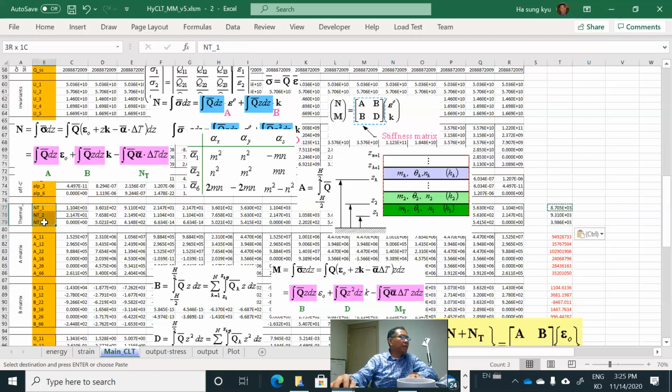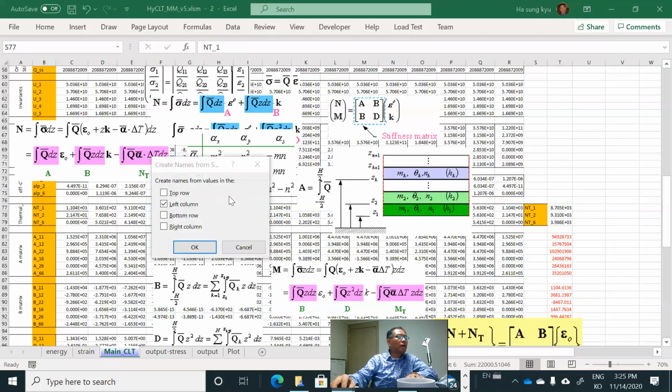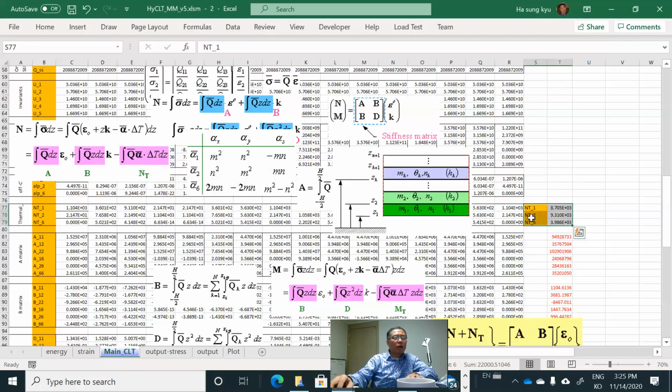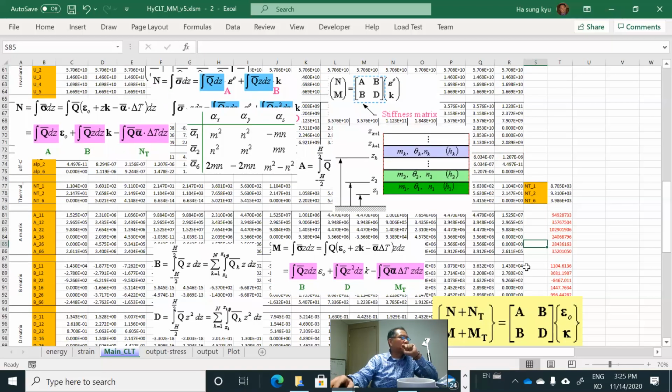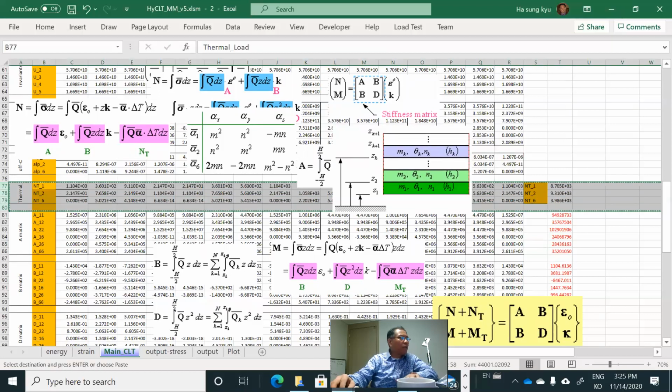And basically this is the one we can name as N thermal 1 to 6, right? And 1 to 6. Okay.